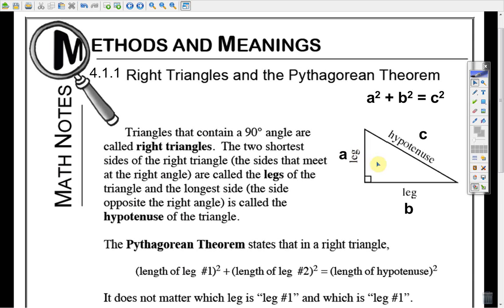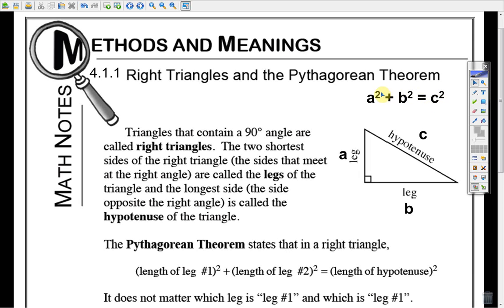When you label it as leg and leg, that calls out the importance of the fact that it doesn't really matter which one you call a and b, as long as you make sure that c is the hypotenuse. So c does have to be the hypotenuse. You're squaring the two smaller ones and adding them together, and you get the longer one.